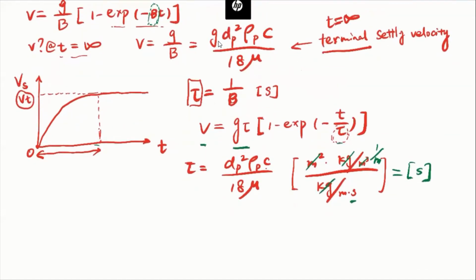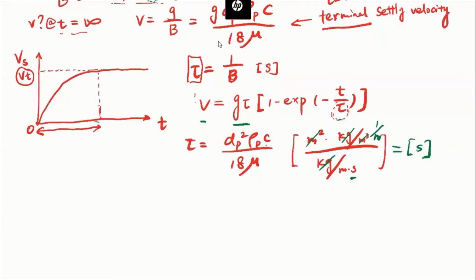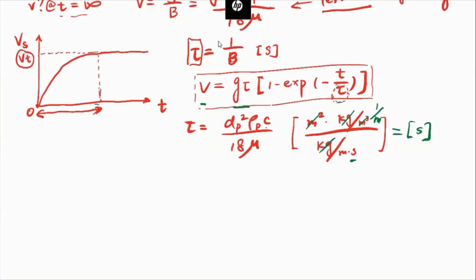So basically, we simplify this transient terminal velocity into an exponential term here, right? And we know that now the time that's needed for the particle to reach the terminal velocity is totally dependent on this tau. We actually call this tau the characteristic time. So it's totally dependent on the particle property. Okay?